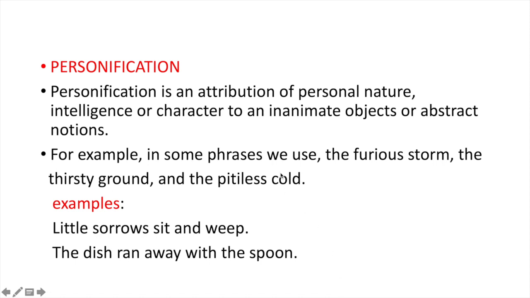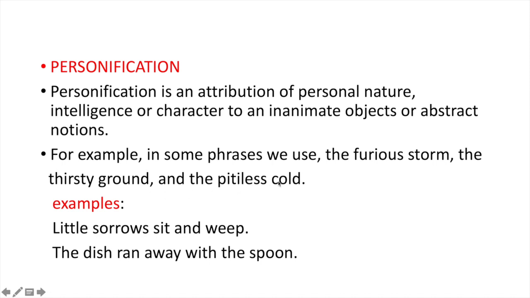Now here you see the words furious, thirsty, and pitiless. These words are generally used to describe human beings or the nature or intelligence of human beings. But here the words furious, thirsty and pitiless are used for storm, ground and cold respectively.